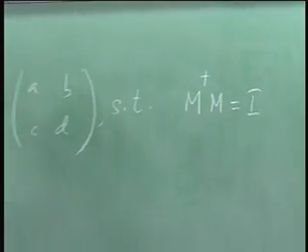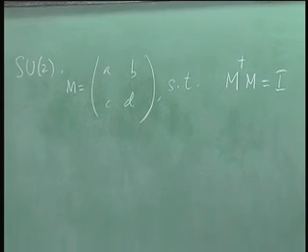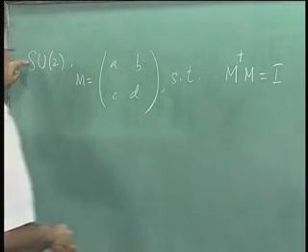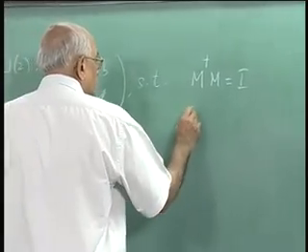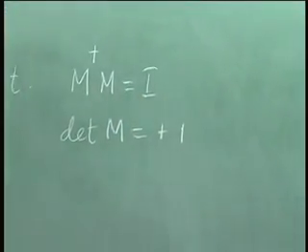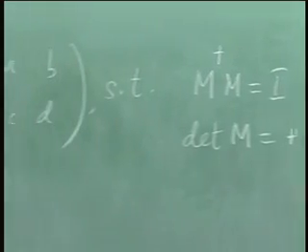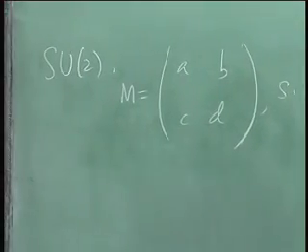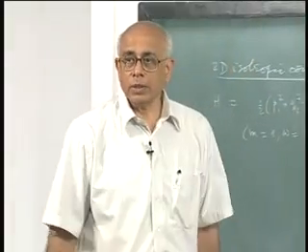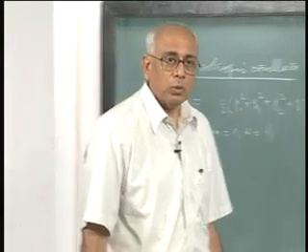That is what is meant by unitary, all matrices which satisfy M dagger M equal to 1, and the S for the SU2 stands for the fact that determinant M equal to plus 1. If you put in these conditions, then you get the general matrix belonging to this group SU2.